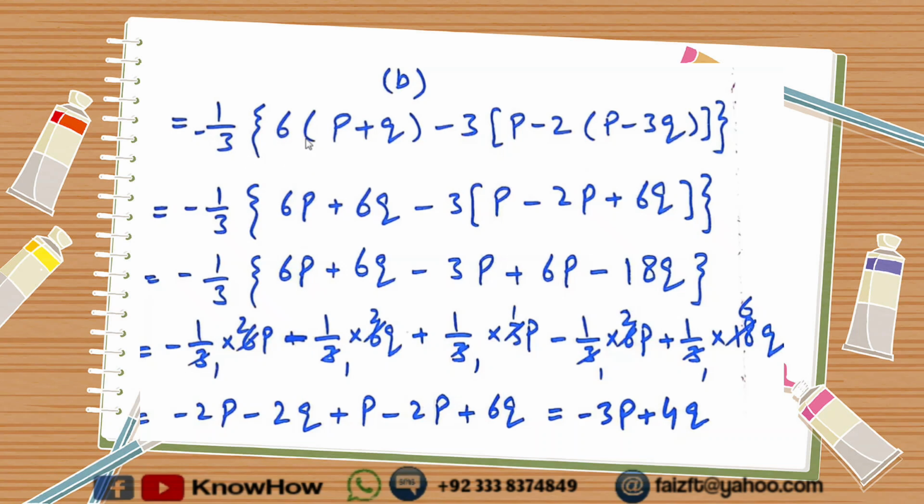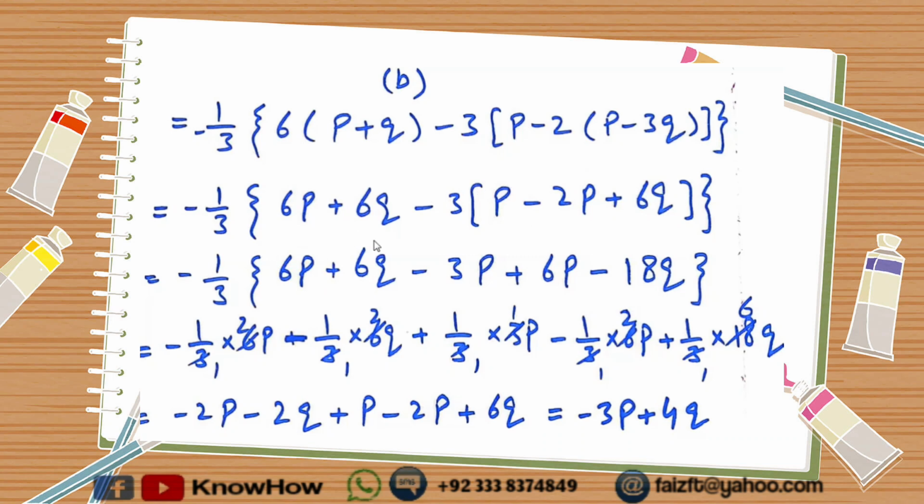In the first step we only solve the smaller bracket, so we write minus 1 over 3 as such, and bracket start 6 multiplied with this p to get 6p, then plus 6 multiplied with this q will get 6q, minus 3 bracket start p minus 2 into p is 2p, and this minus minus is plus, and 3 multiplied with 2 to get 6q. So in this first step we just solve the smaller bracket. The number which was present outside of the bracket, we multiplied it to get our answer.